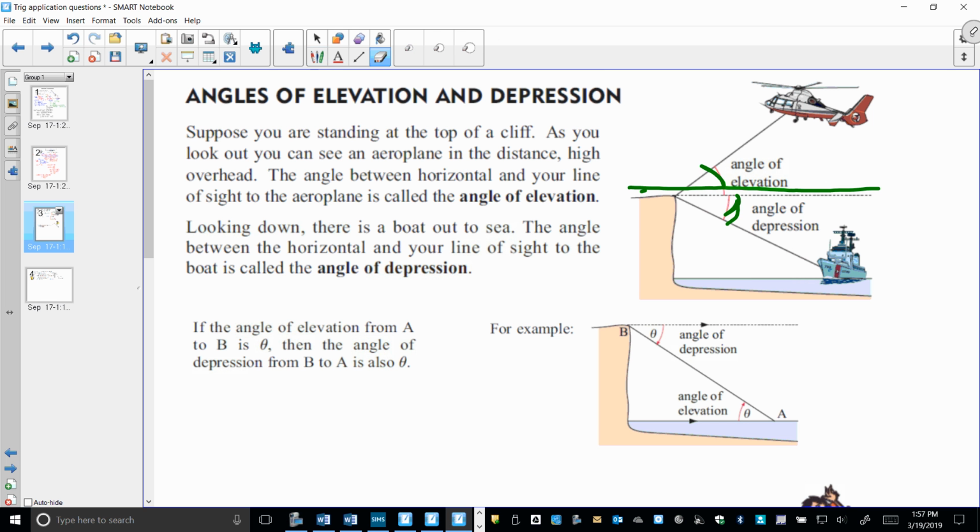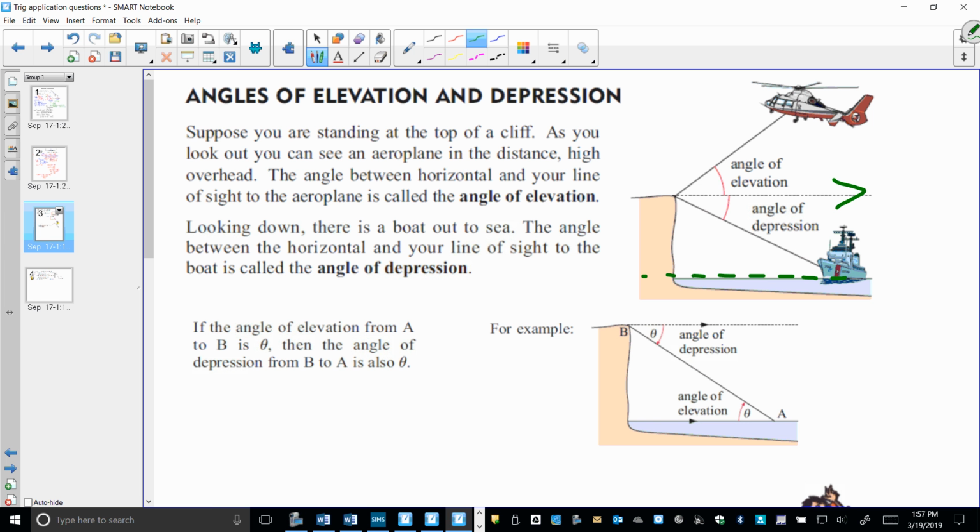The reason we bring this into play is that sometimes they're not necessarily going to talk about this angle here, this angle of depression. Sometimes they might talk about something else. We know this is horizontal.